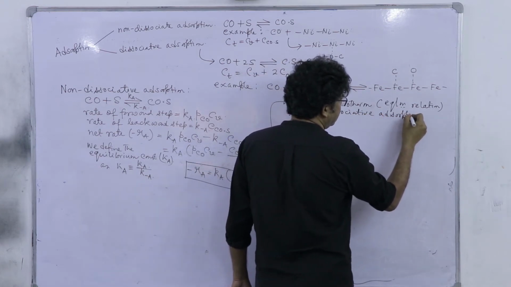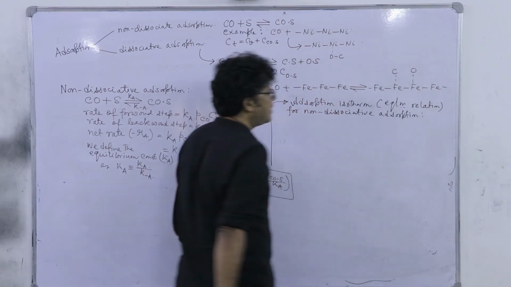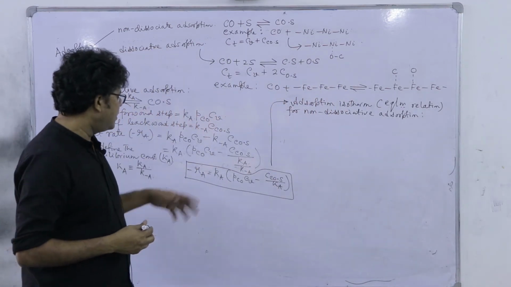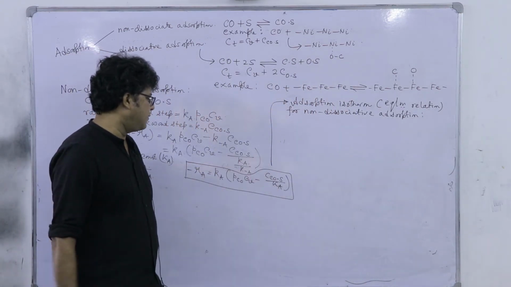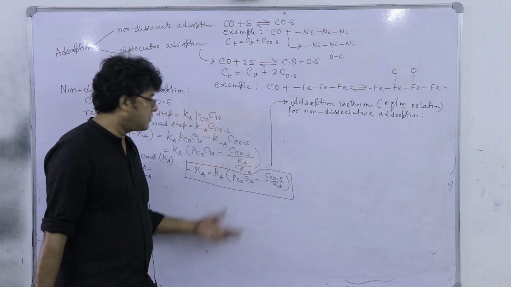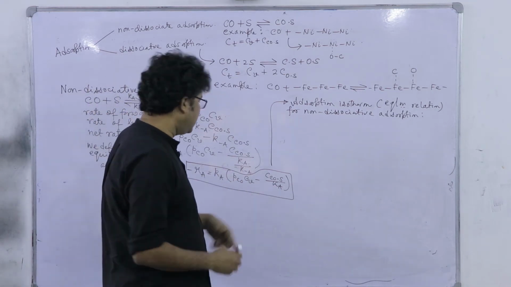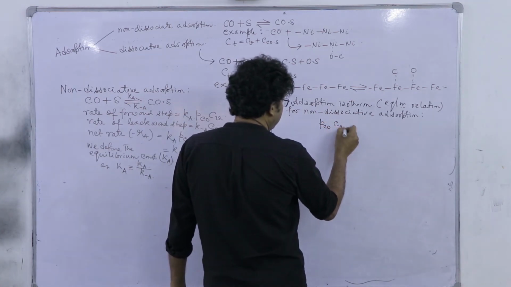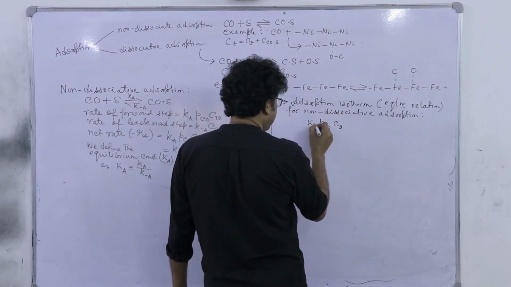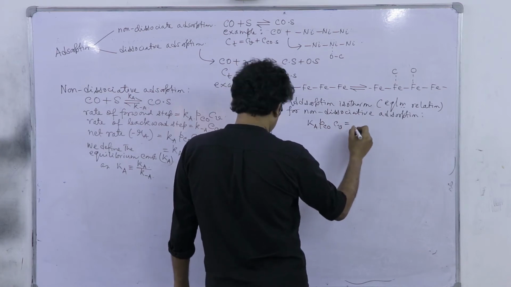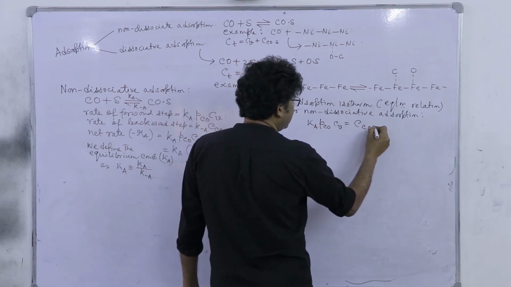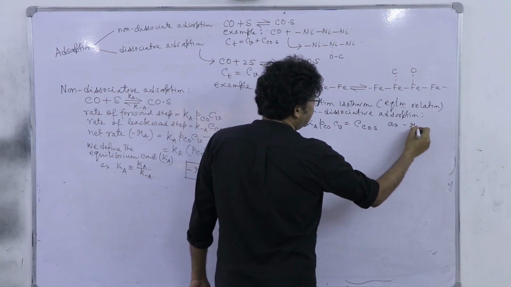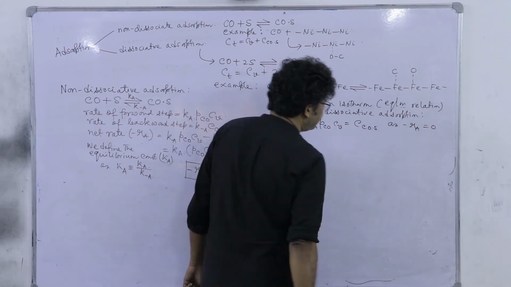Right. So, definitely there the rate of the forward reaction and the rate of the backward reaction will be the same. So, the bracketed term will be 0. So, we have PCO CV into Ka equal to CCO dot S, as minus Ra equals 0.